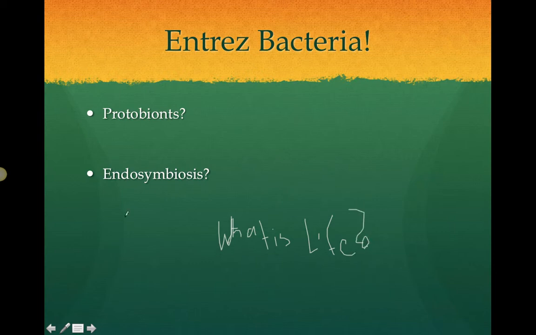Alright, now endosymbiosis. If you remember last year, we had a story about mitochondria. Mitochondria and chloroplasts are different because they are double membraned. They have their own DNA, which is very similar to bacteria, and they also have 70S ribosomes, unlike others which have 80S.